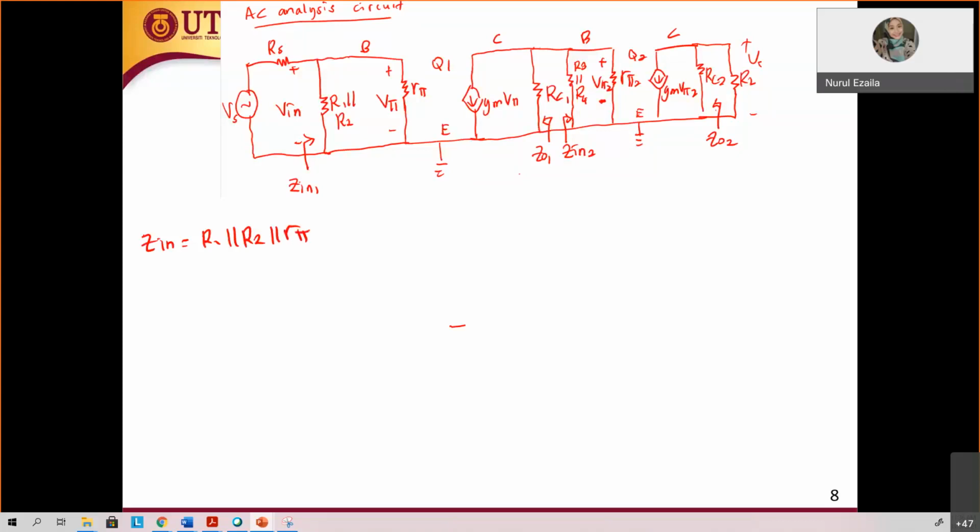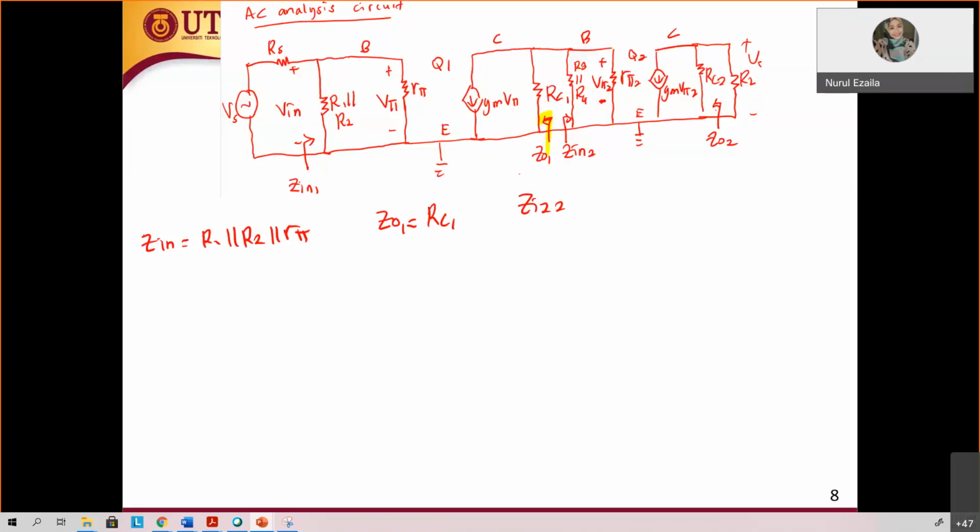It is very straightforward. How about Z out 1? It is RC1, the thing that you see from here.